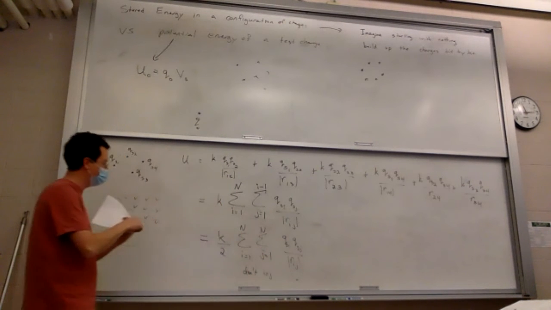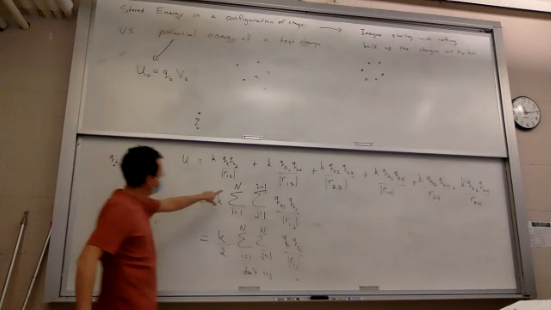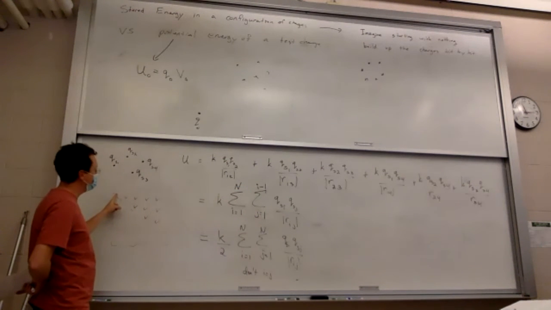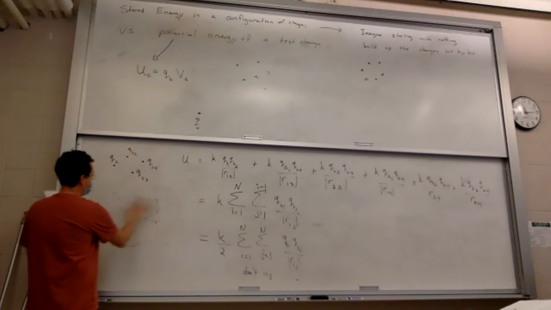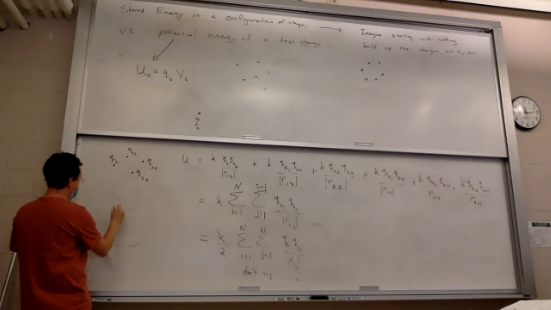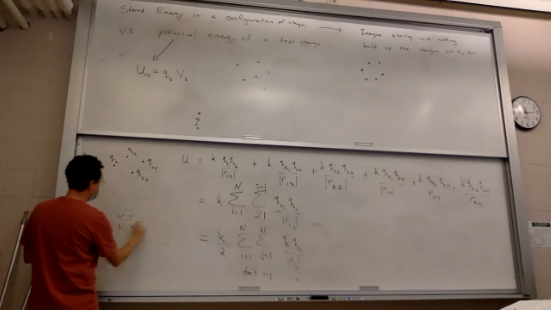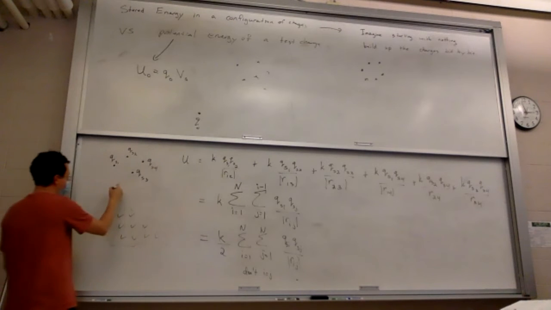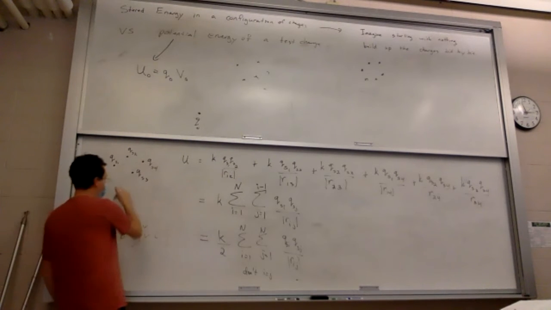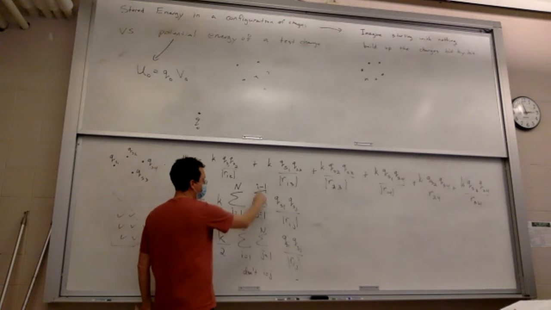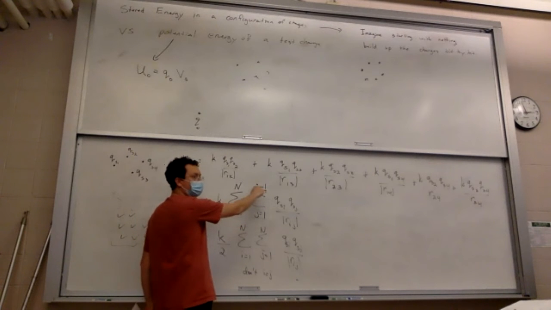So why is k over 2 now in front of the sums? What this says is, I'm just enumerating terms like they're elements in a matrix. You sum over all of the rows from 1 to n, and then you sum over the columns from 1 to i minus 1.